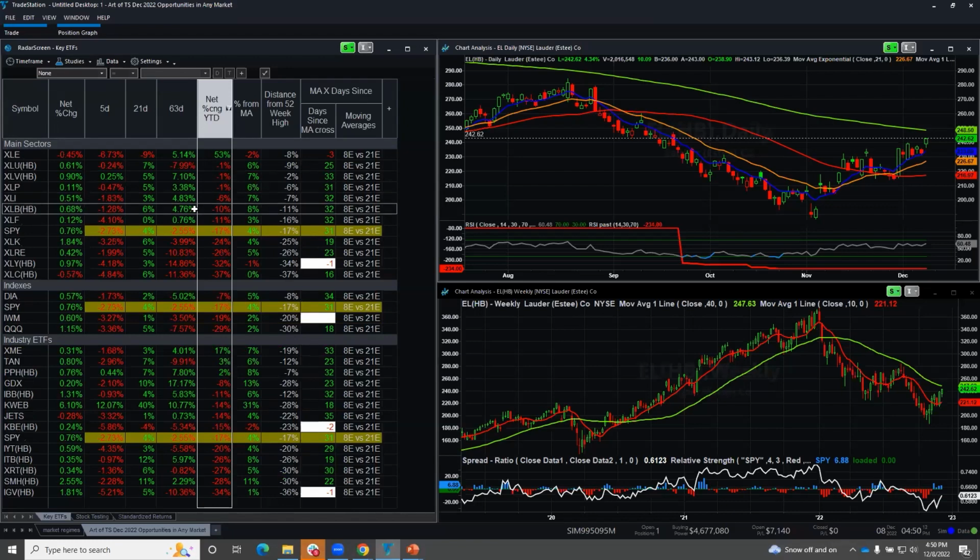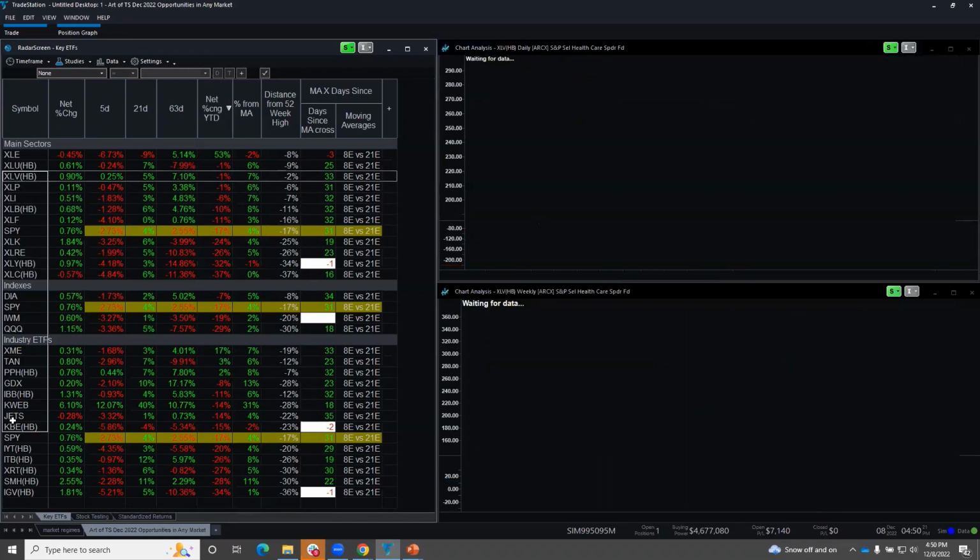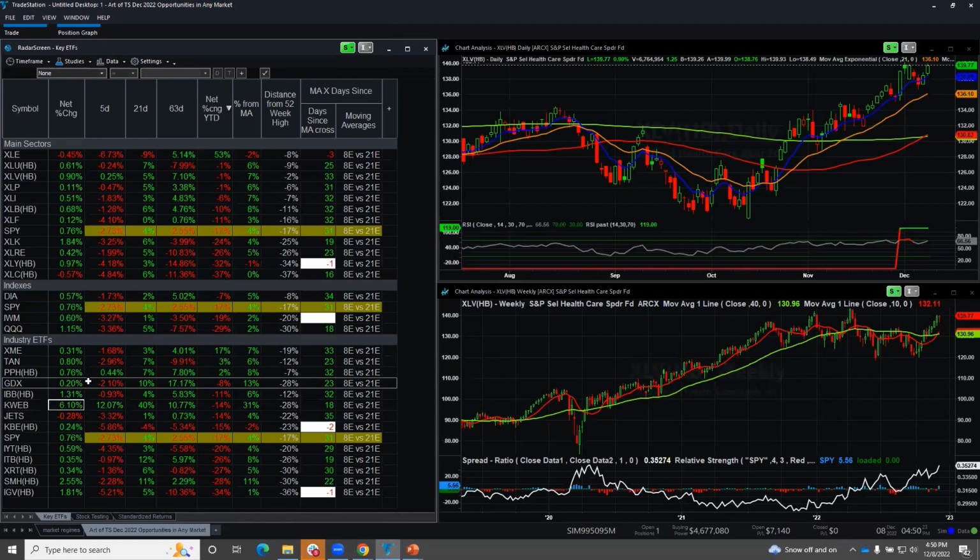Now I'll mention that I use SPY instead of the cash index because the cash index sometimes has a different time frame. If you use all ETFs and you don't mix in futures or cash indexes, you're never going to have a problem with your charts having different time intervals. Now these charts are pretty complex, especially this one. What this one does is it looks at different symbols, one against the other.